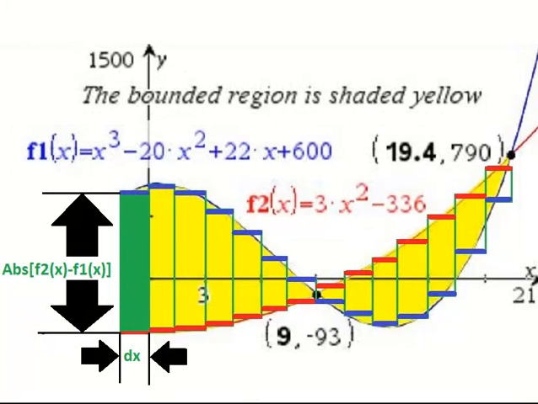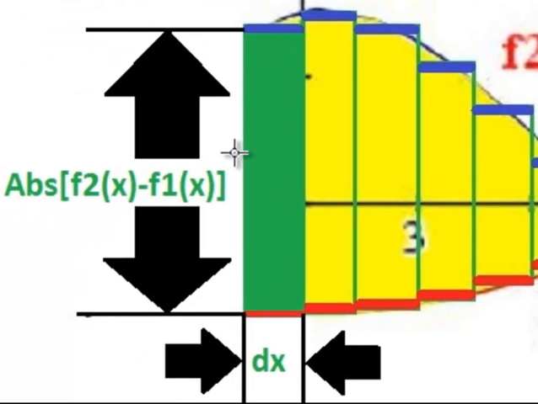Okay, the second issue is, will the Nspire's definite integral function provide an exact result for us? Well, here's what we did last time in part C when we just had to get a decimal approximation. We used the sum of thin vertical rectangles, and we used the idea that the length of these rectangles would be the absolute value of f2 of x minus f1 of x.